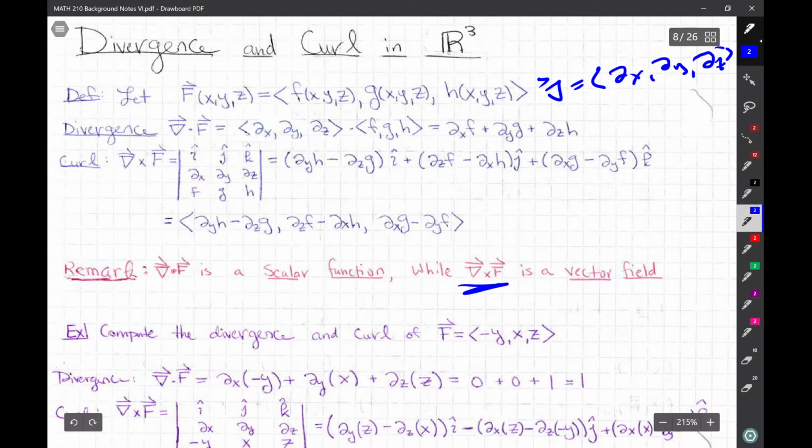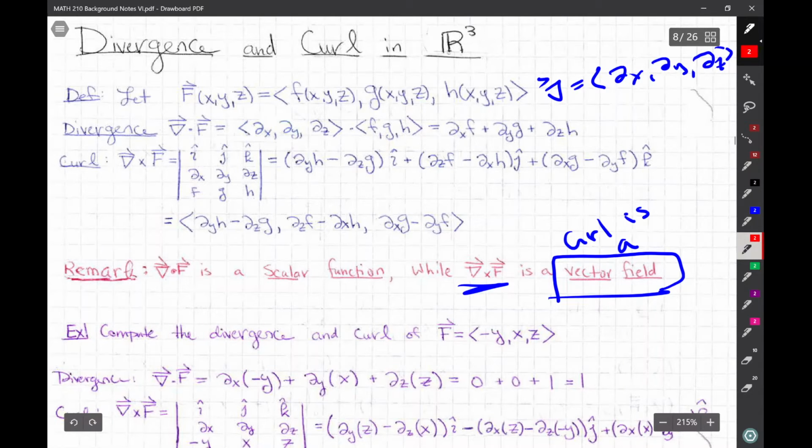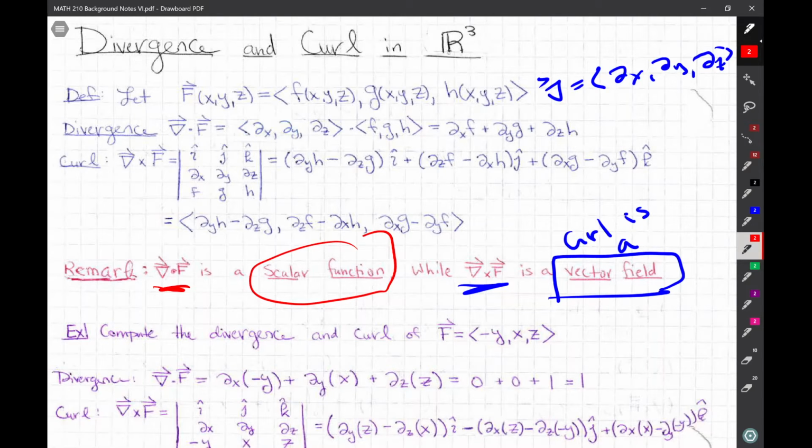The curl is a vector field, okay? Whereas the divergence is a scalar function, or sometimes called a scalar field. So this is scalar, whereas the curl is a vector field.